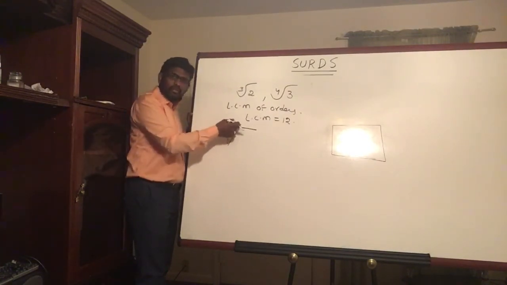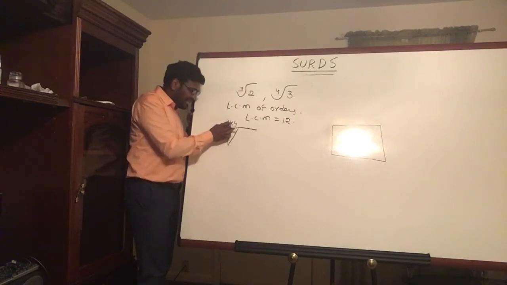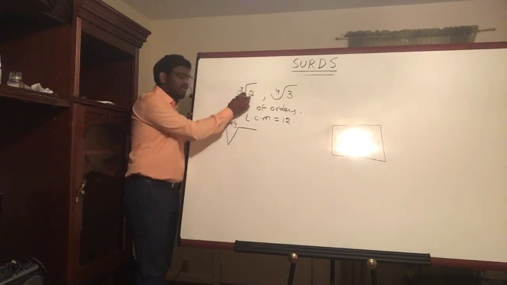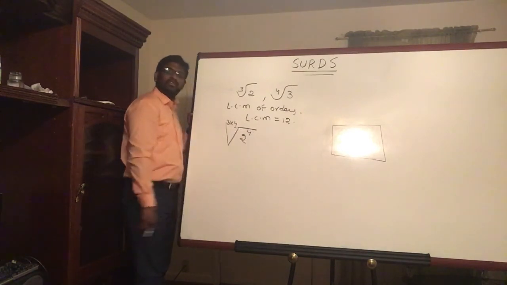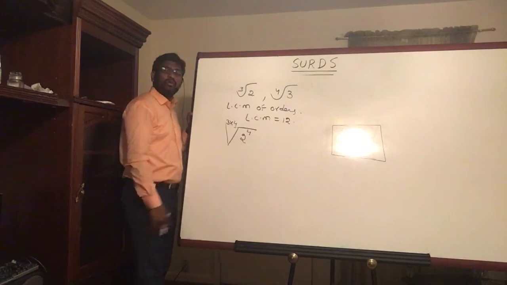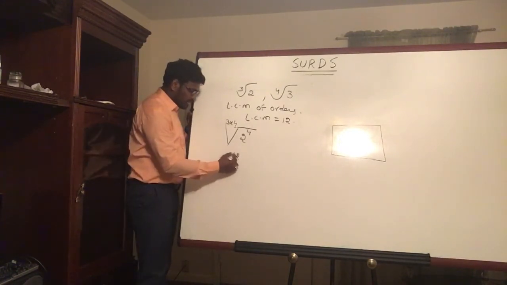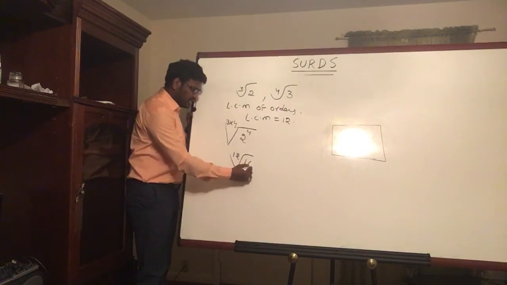To get 12, we need to multiply with 4. Whatever number I am multiplying with here, inside we need to apply it as a power. So now it becomes the 12th root of 2 to the power 4, that is, the 12th root of 16.